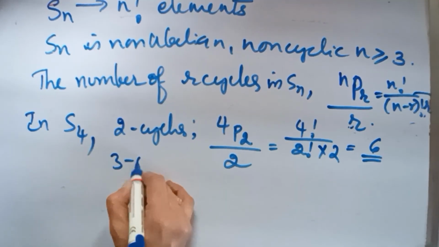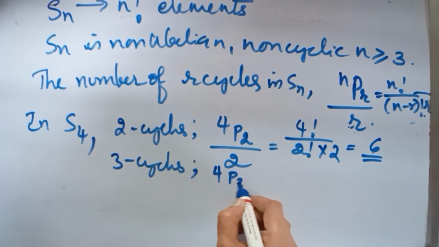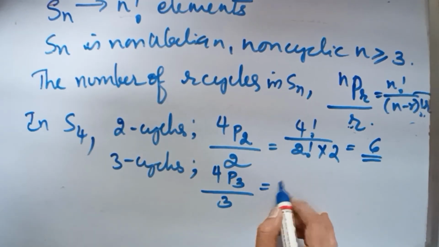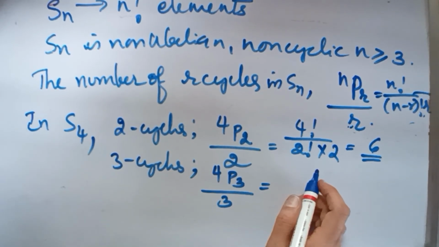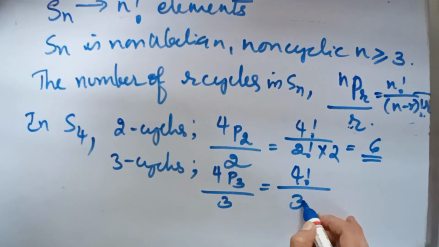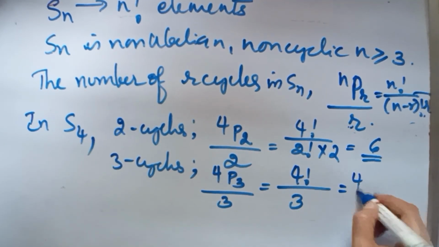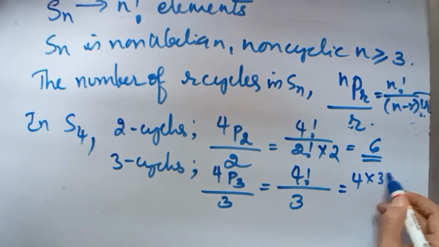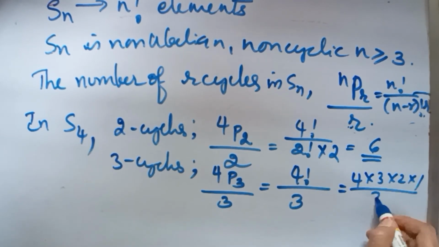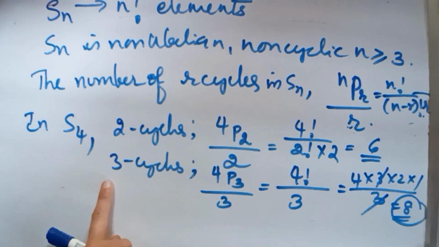How many 3-cycles in S4? 4P3 divided by 3. 4P3 is 4 factorial by (4 minus 3) factorial, which is 1 factorial, into 3. So 4 times 3 times 2 times 1 by 3, cancels, and you will get 8 three-cycles.